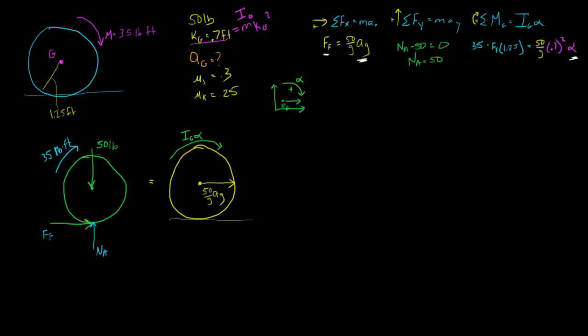So what we're going to do is assume that this does not slip as it moves. So we assume no slip. And when we assume no slip, we get this fourth equation: our acceleration of our center of mass is equal to our angular acceleration times our radius, which is our angular acceleration times 1.25 feet.